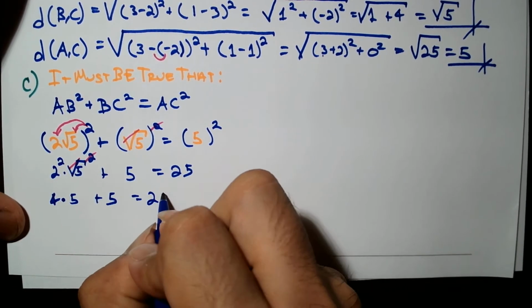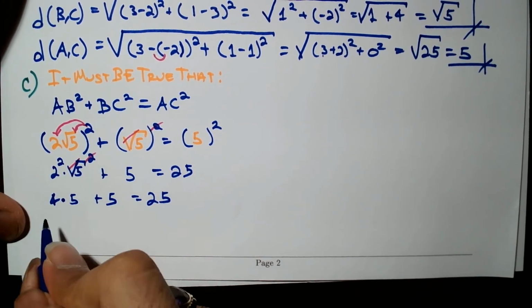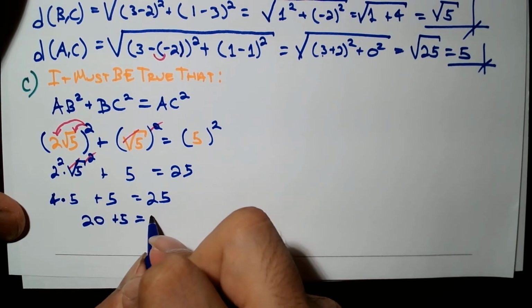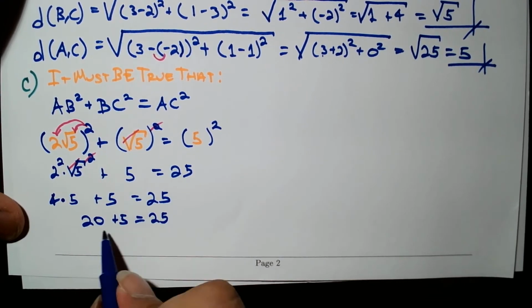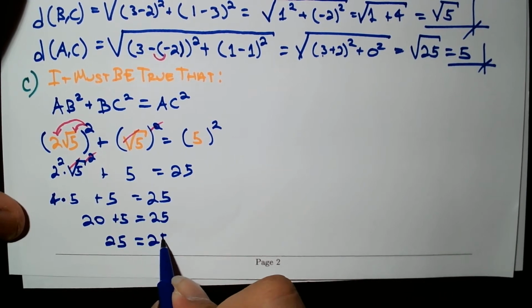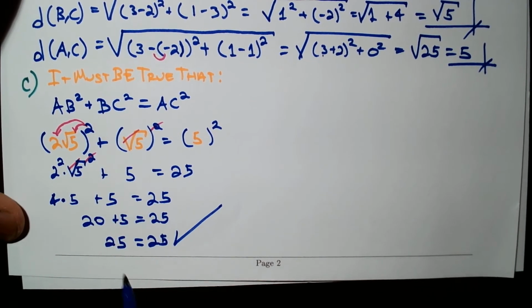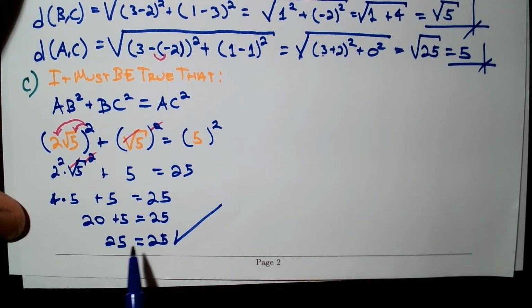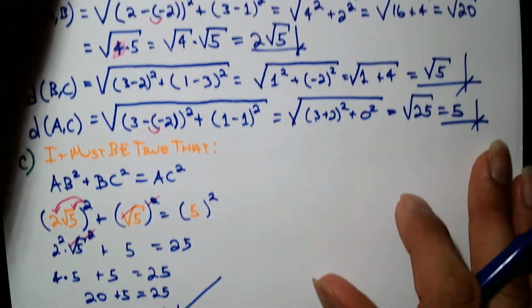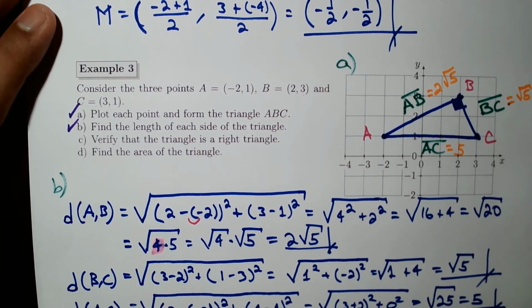Is that equal to 25? Well, let's find out. 4 times 5, that's 20. Adding these two numbers, we get 25, which means the condition is met. We must have that both sides are the same. Okay? So let's put a check mark for part C.